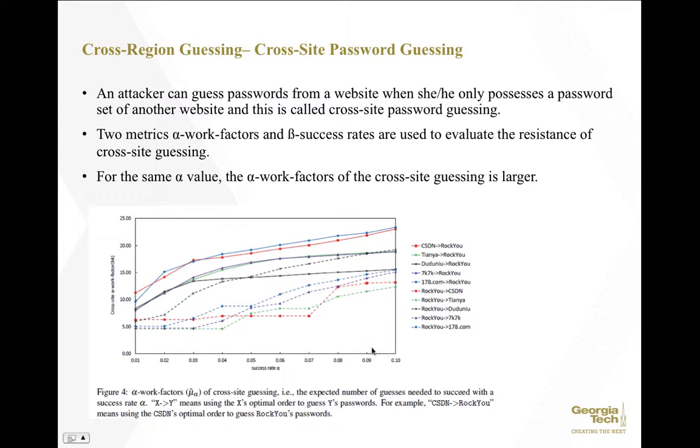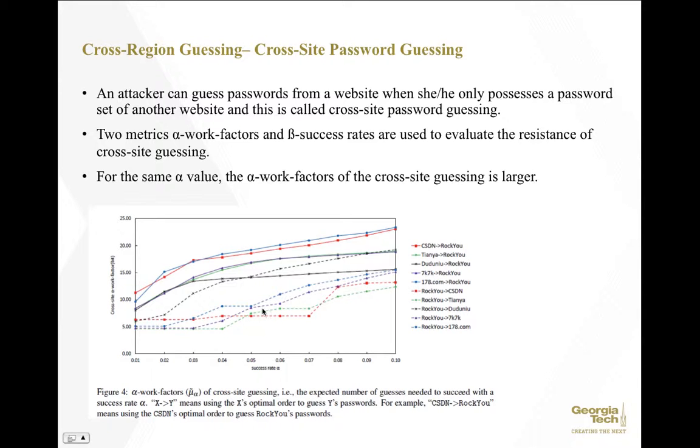You can see this picture, the alpha work factors of cross-set guessing. If we see x larger than y, it means we use the x optimal order to guess y's passwords. For example, CSDN larger than rock2u means using the CSDN optimal order to guess rock2u's passwords.